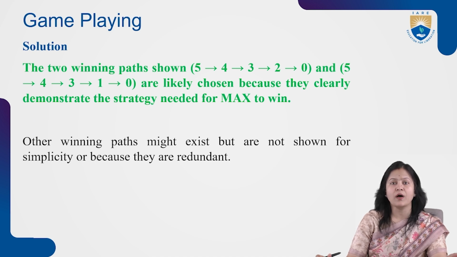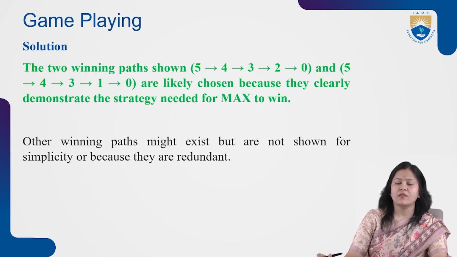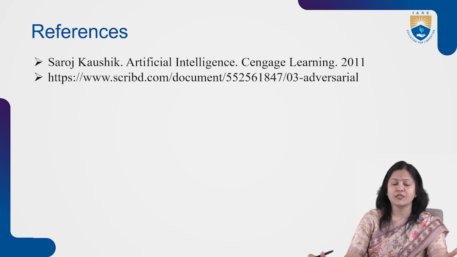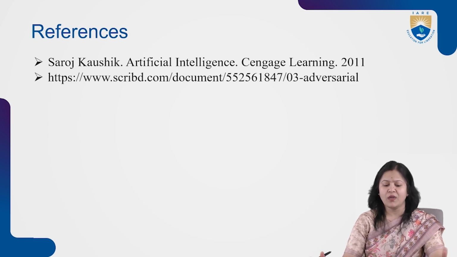Other winning paths might exist, like I have just shown, but are not shown for simplicity because they are redundant, meaning they look equal. So this is all about this game theory introduction. Especially I discussed how to apply the status label for the non-leaf nodes if the leaf node statuses are given, and the Nim game tree.